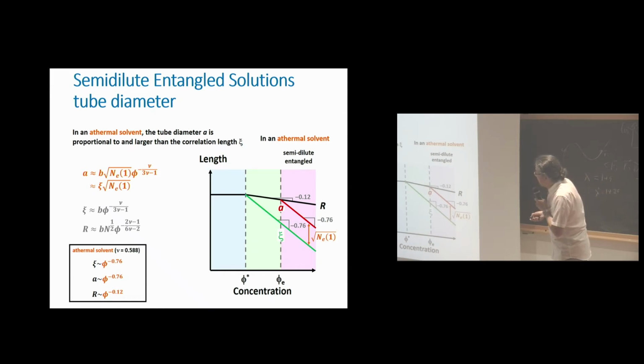The dependence is the same as in the unentangled regime, because topological constraint does not affect the chain dynamics at shorter length scale than a. From the concentration of entanglement, phi_e, we start to have this entanglement tube size. In the case of an athermal solvent, the concentration dependence is the same because a is proportional to ξ, and the difference here is the factor, N_e1 and its root. So this is for an athermal solvent case.